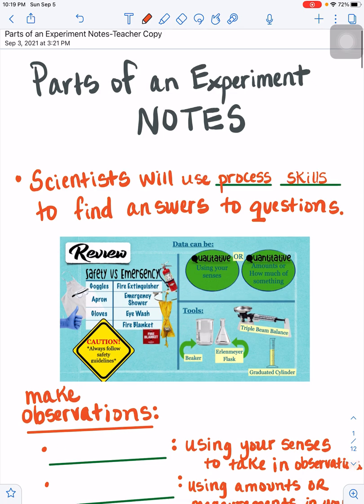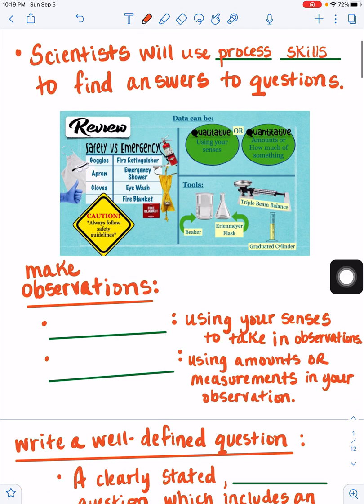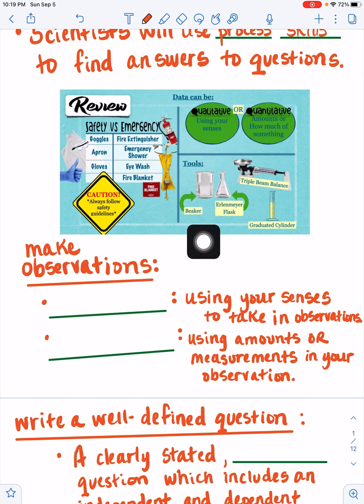As you can see on this infographic, you've learned about safety and how to use tools in the lab. You've learned about qualitative and quantitative data, making observations, and following safety.